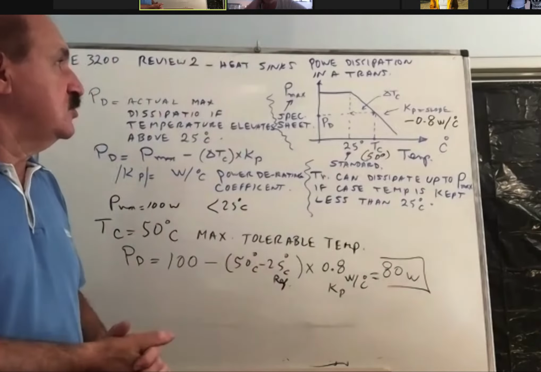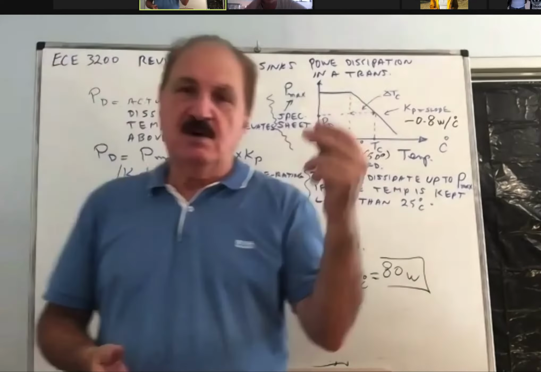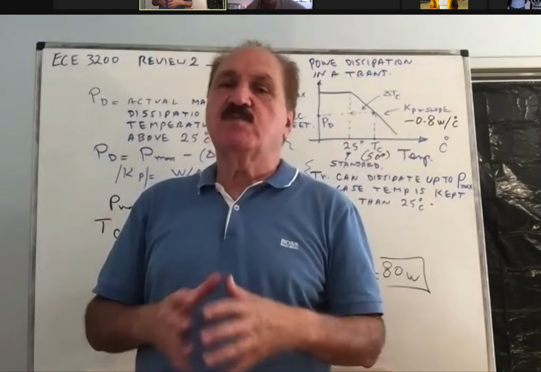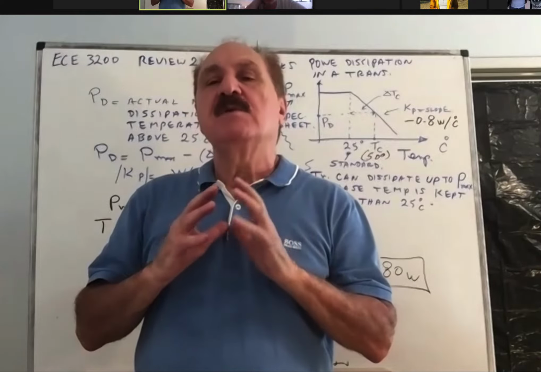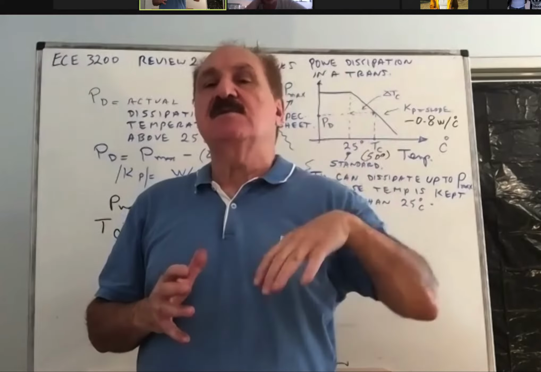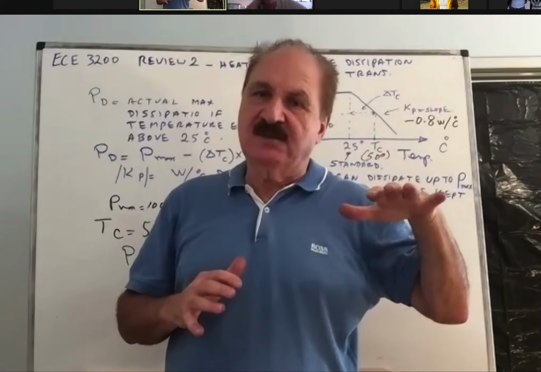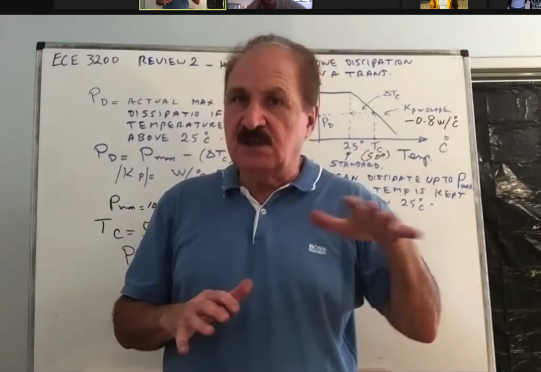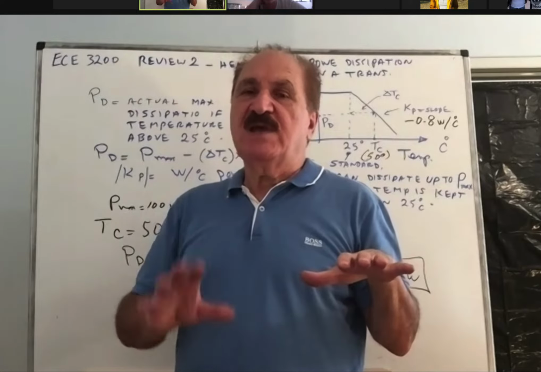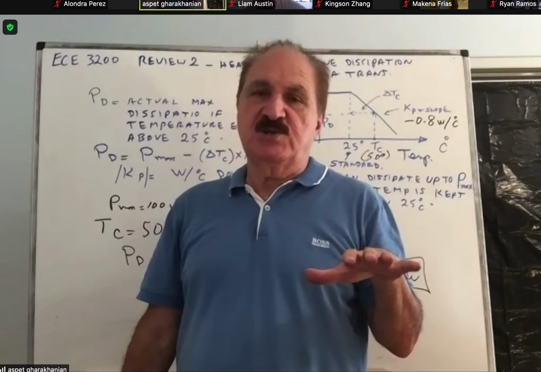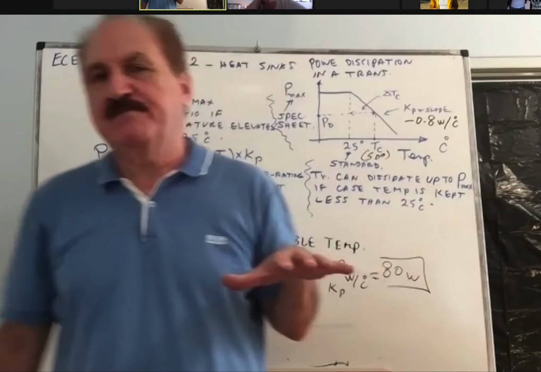So don't be surprised: if you're buying a transistor for 100 watt, it can tolerate 100 watt only when that pertains to no more than 25 degrees Celsius. If it stays steady at that higher temperature, then you have only an 80 watt transistor on hand for that application. You don't have that 100 watts.